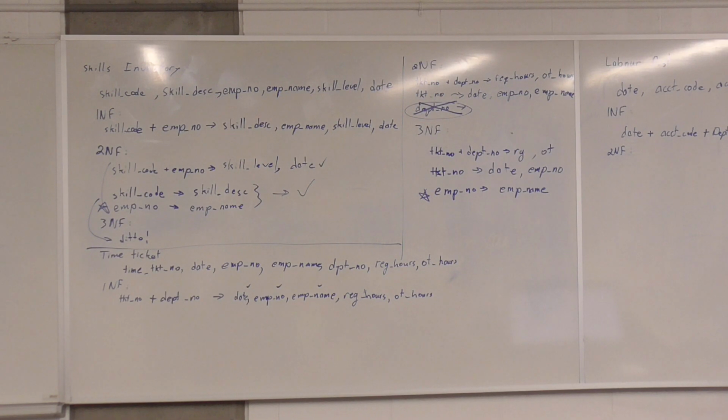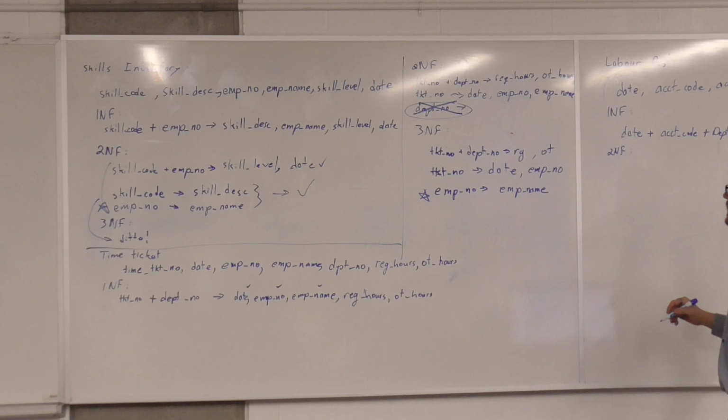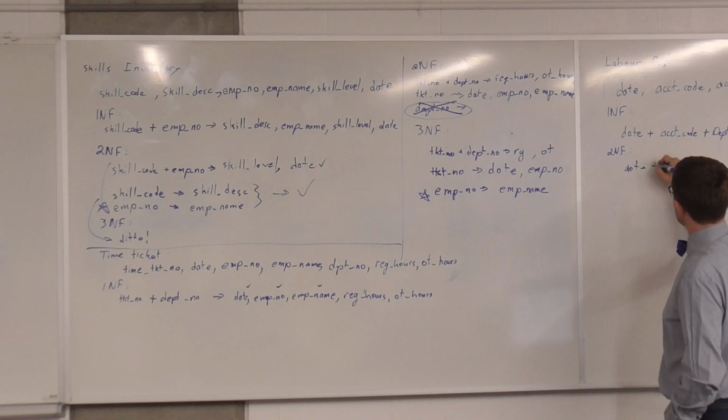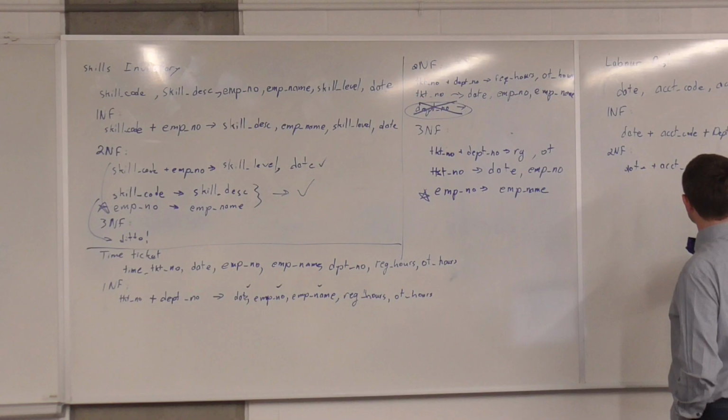Now, things are getting complicated. I think, technically speaking, we need to do an analysis for dependency on each of these groups, right? Which means that we end up with date plus account code plus department number.